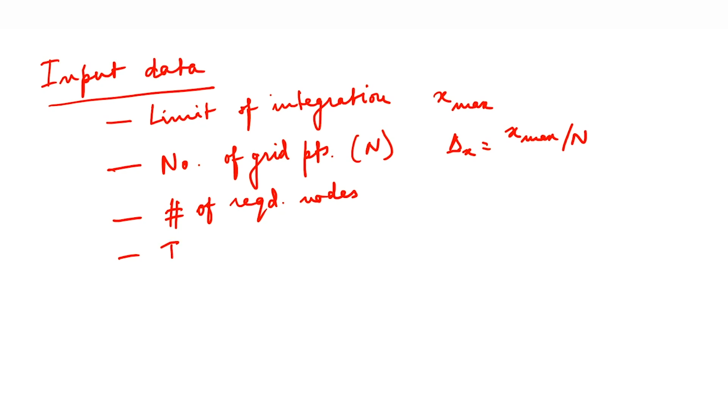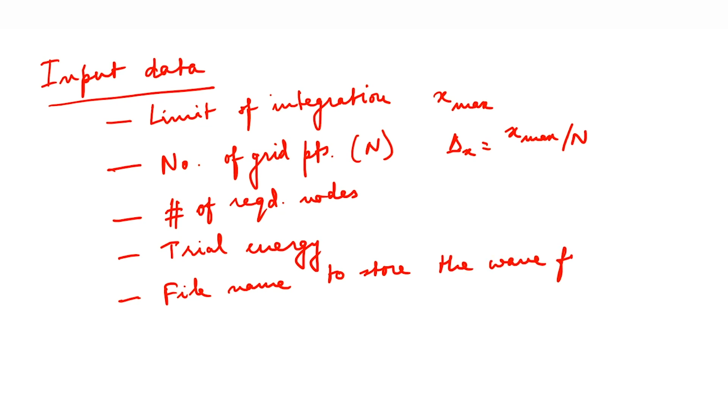You need to give an initial guess of energy, a trial energy, and you also need to give a file name to store the wave function. So, this is what you need to give as input when you write the program.